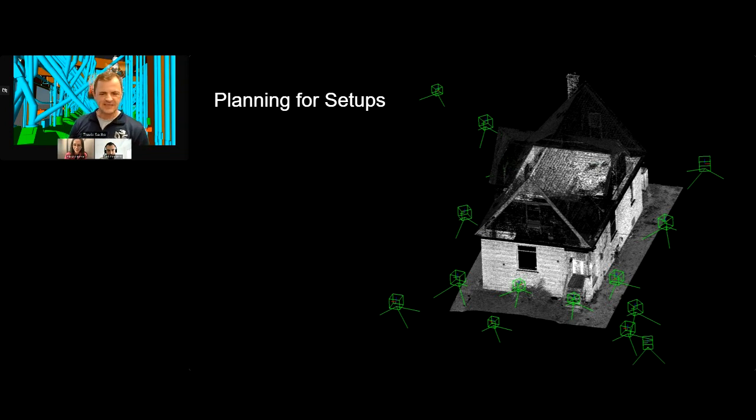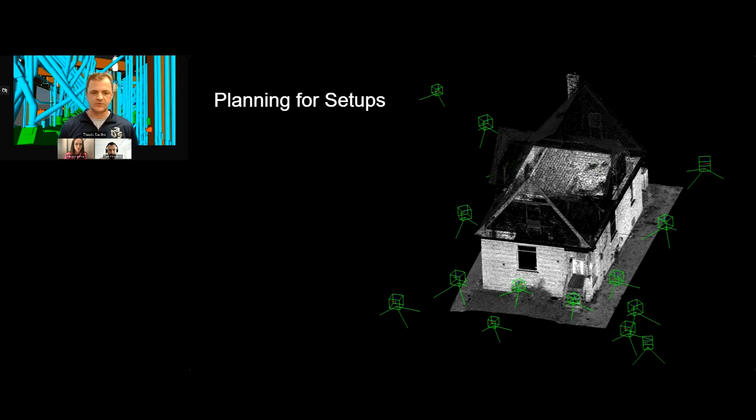Absolutely. So again, the first question we always ask is, what do you want from the scan? What are you trying to capture? That will determine the outcome, because sometimes you don't want to overscan, because then you get too much data. We're capturing millions and millions of points a second, so those data sets can get very heavy quickly.